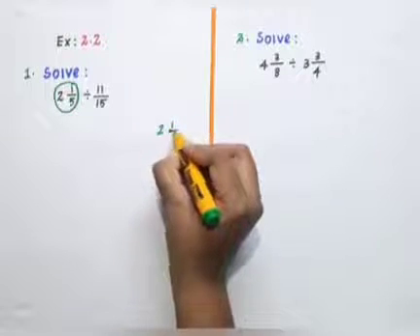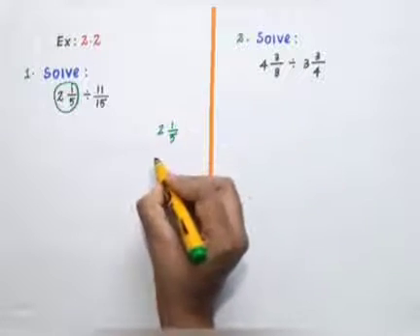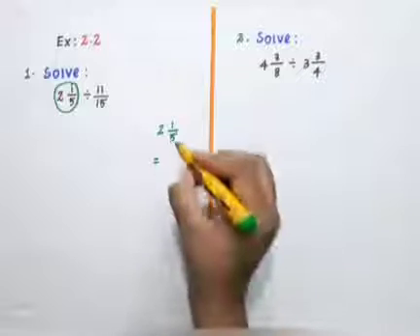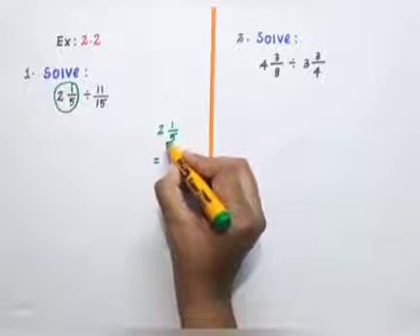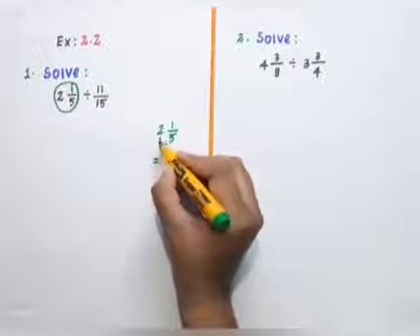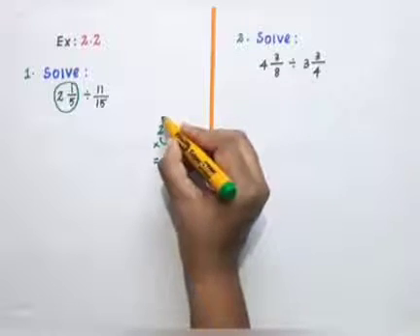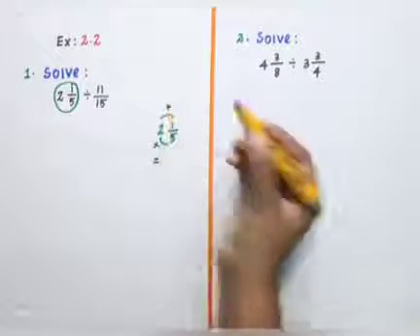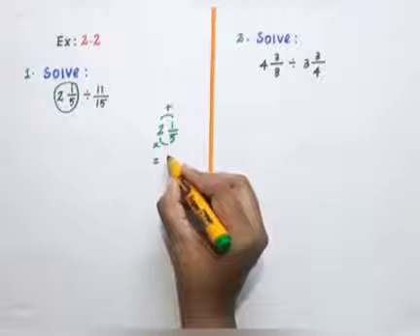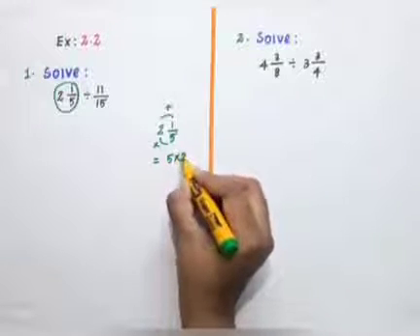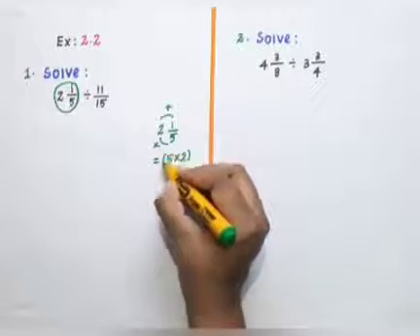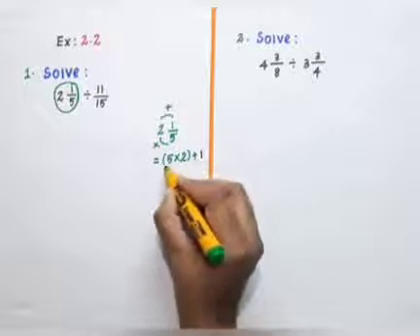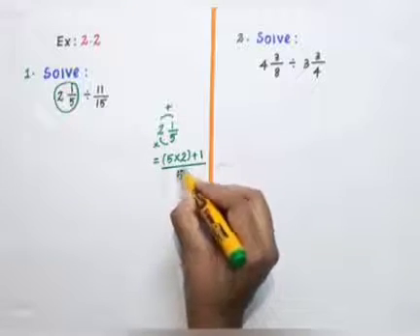2 1/5 is equal to, first we have to multiply the denominator of the fraction with the whole number and then add it to the numerator. That is, 5 into 2 added with 1, whole divided by 5.